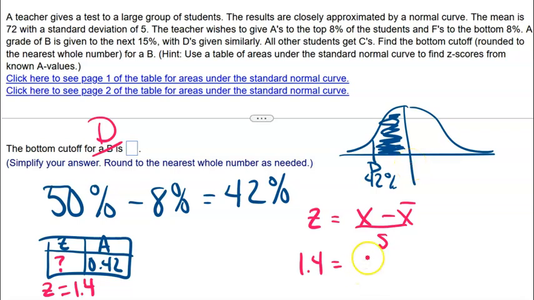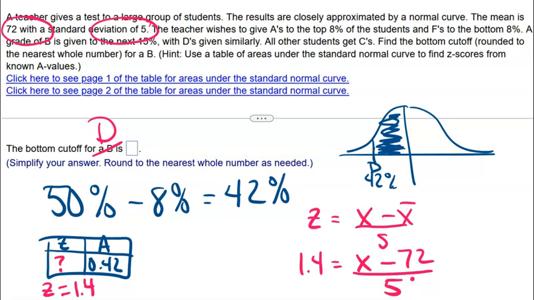So I have x, that's what I'm looking for, minus x bar. Now what was that? Let's go back to our sheet. Actually, it was on that page. The mean is 72. Let's circle it. So the mean is 72 and the standard deviation is 5. So it's x minus 72 over 5.